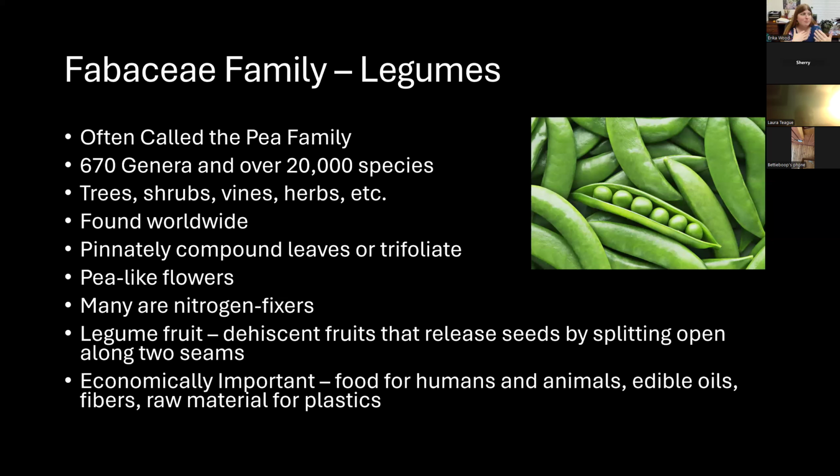A lot of times we may overlook the legume family having a lot of tree species. A lot of times we kind of think of this more as different kinds of vegetables that we grow and eat, but it really is far more expansive than that. These can be found worldwide. We'll talk about even some native species today, as well as some invasive species, unfortunately.